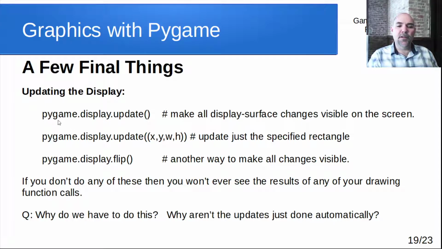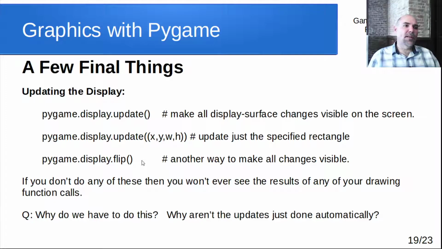In our examples, I'll mostly do pygame.display.update. Now, if you don't do one of these, either flip or update, you're not going to see any results of your drawing function calls. Anything that you drew, if you drew one circle or 100 circles or 1,000 lines, you're not going to see anything unless you update the display.